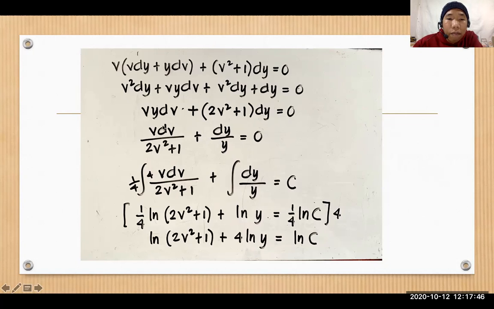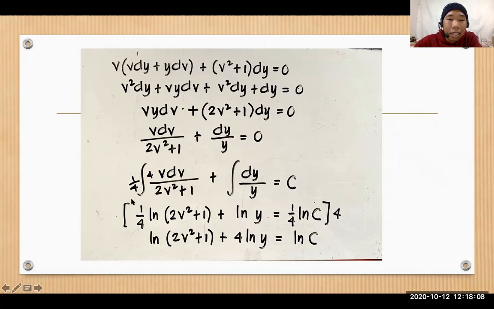That is why we have this equation: v dv over 2v squared plus 1, and on your second term, you have dy over y equal to 0. Now this term is a pure function of v, and this term is a pure function of y. Then we integrate each term.